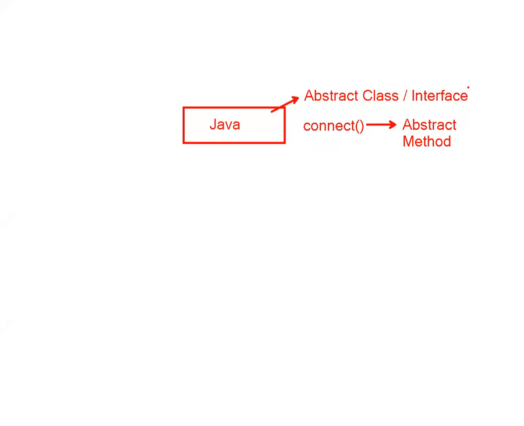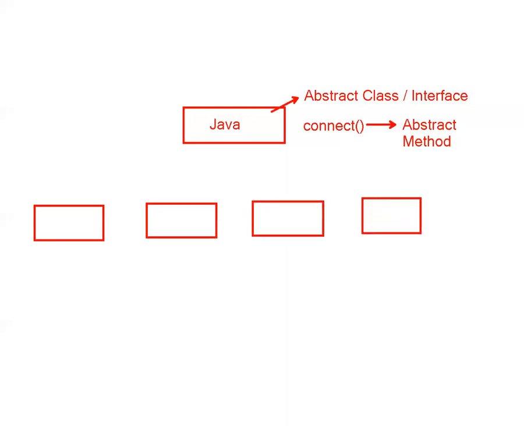Now, what is the need of declaring? Are multiple definitions of this method possible? Suppose it is Oracle, it is MySQL, it is DB2, it is Derby, it is DBase.